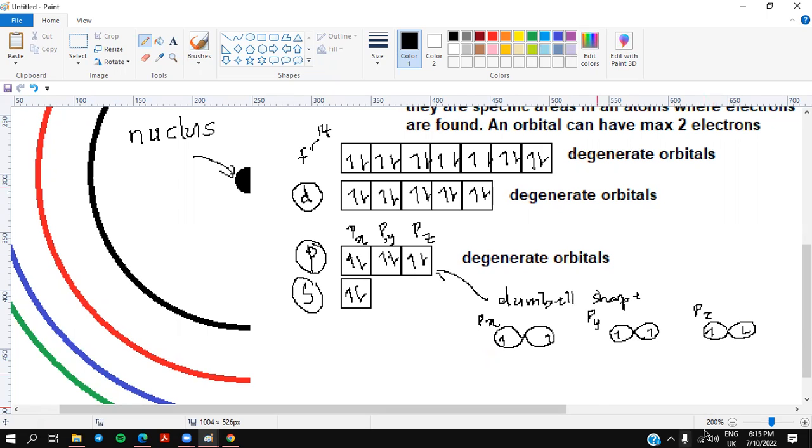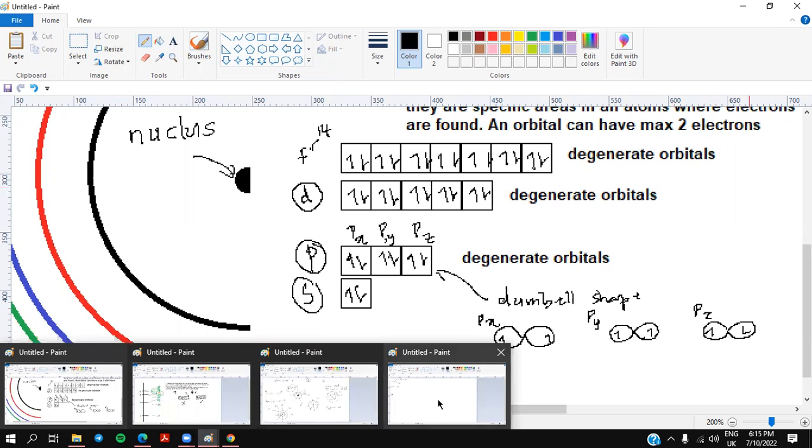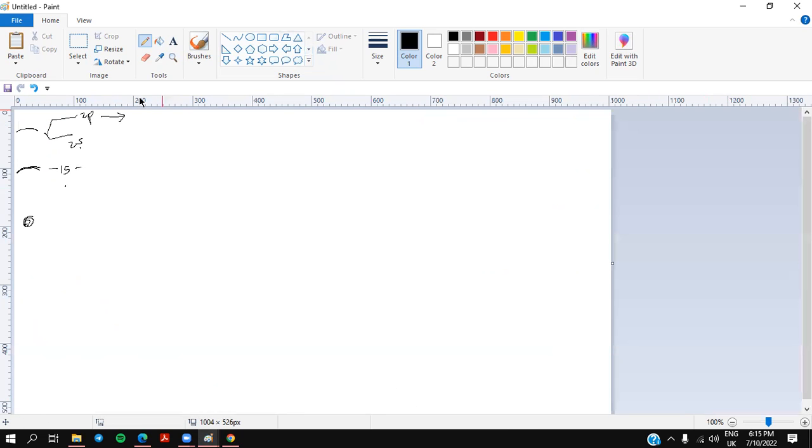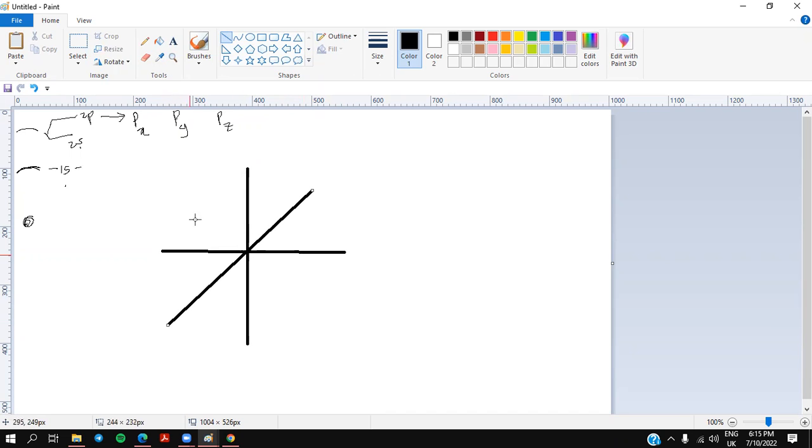Now I have to show how these orbitals are organized. Now, how many p orbitals are there? Px, Py, Pz. To explain this Px, Py, Pz nature, I can draw X, Y, Z axis across the nucleus. The nucleus is over here.